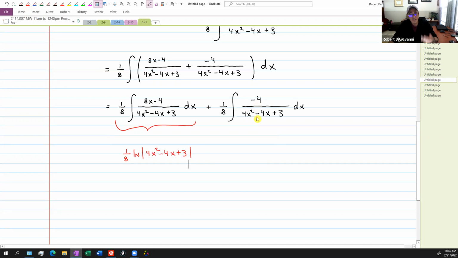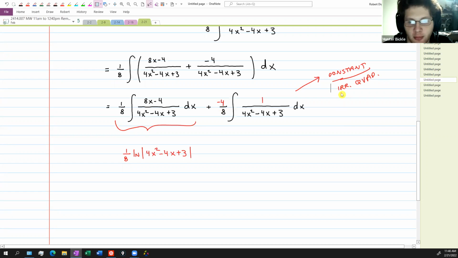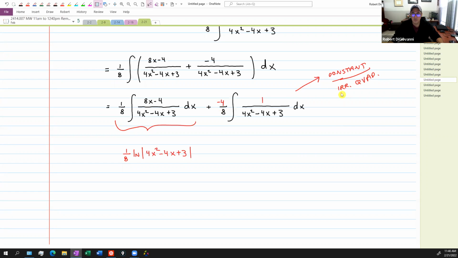You have constant over irreducible quadratic. In fact, I would probably pull that -4 out and just make that a 1, and then reduce that to be -1/2. But see, this is now constant over irreducible quadratic. And how do we handle those? Complete the square on the bottom. So we still have more work to do.